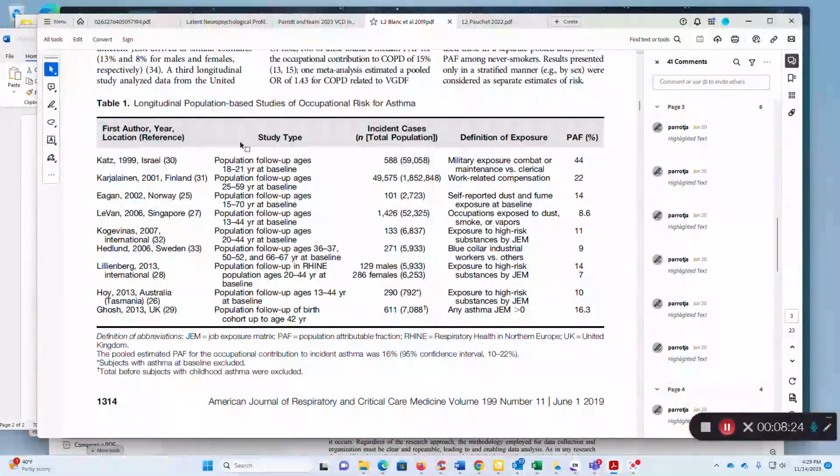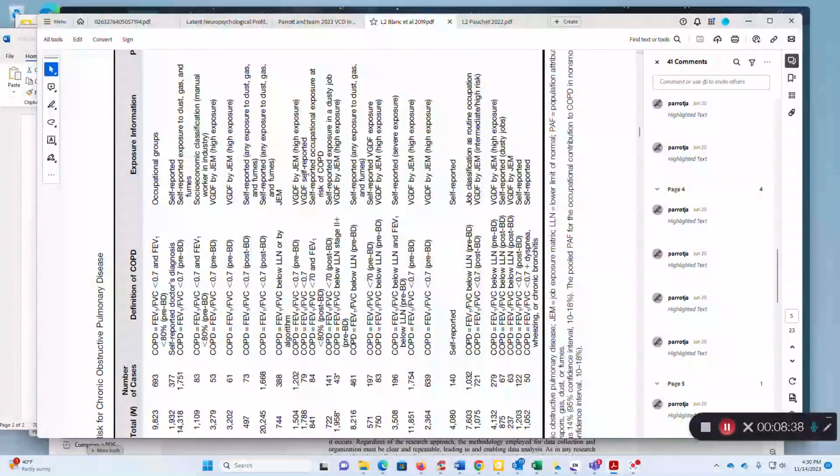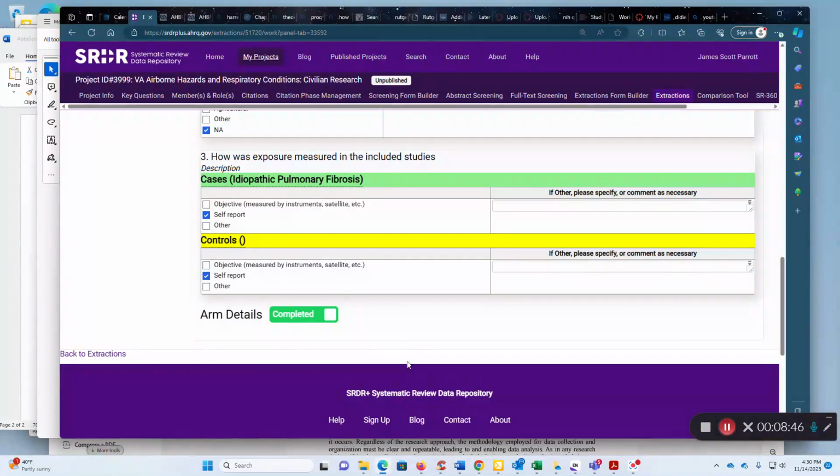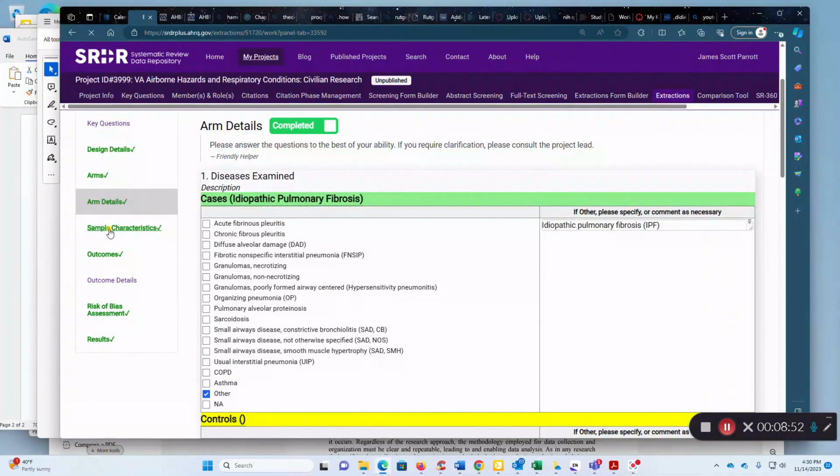Okay, so when they're giving the tables, how do they define the exposure? And you can see, so in this case, it would have been people who got work-related compensation, etc. It might be different for different outcomes. And so you have here, how was COPD defined? Okay, again, you may have to look into the tables to actually find how these different exposures or outcomes were measured. And we'll get to outcomes in just a second.